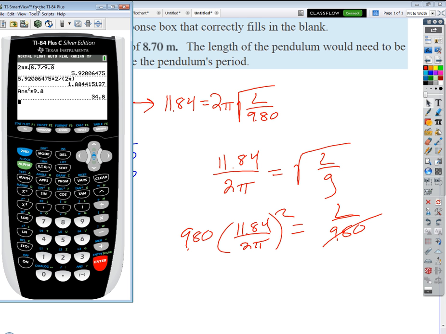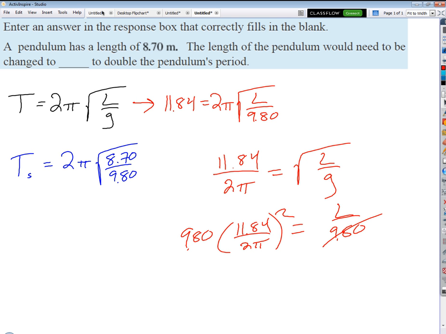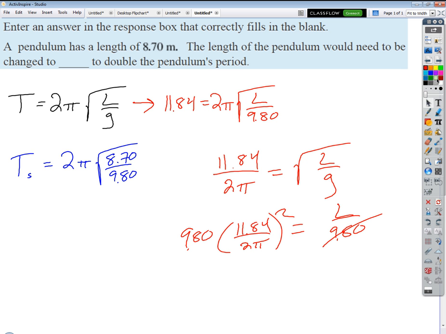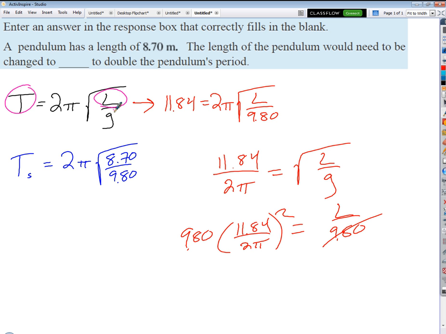So we could maybe have known the answer before we even did this. I would claim yes, because if g is a constant, and 2 pi are constants, the only variables in this equation are period and length.